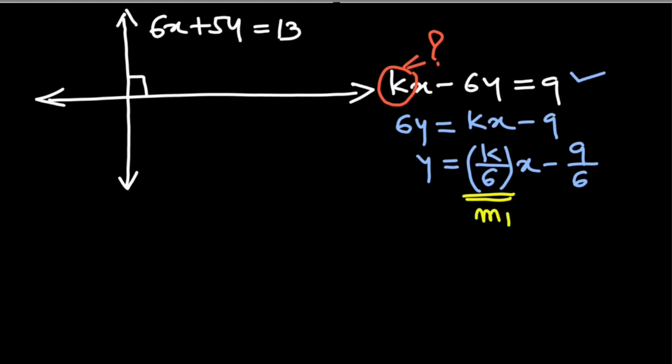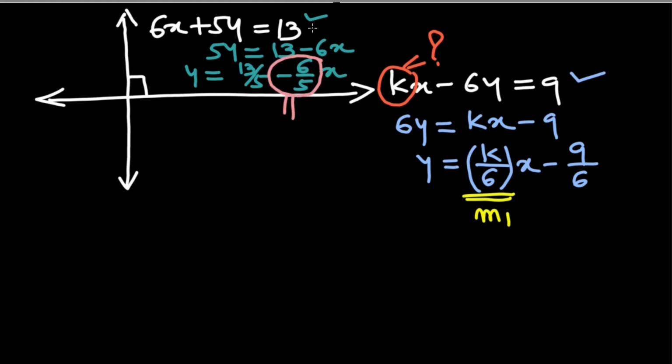Now let us find the slope of 6x plus 5y equals 13. We write this equation as 5y equals 13 minus 6x, which will be y equals 13 by 5 minus 6 by 5x. Here minus 6 by 5 will be the slope of this line, which we name m2.